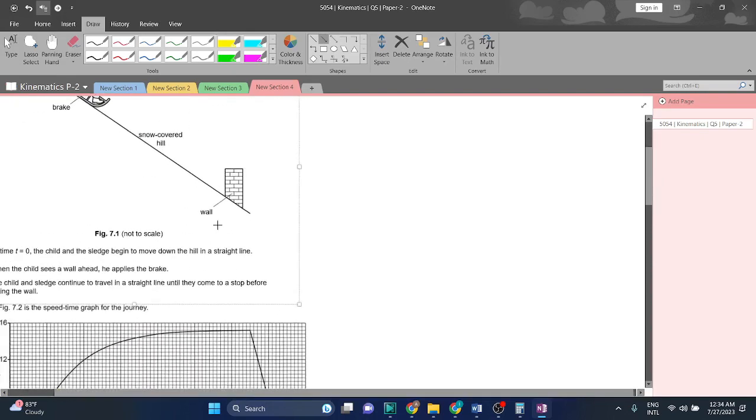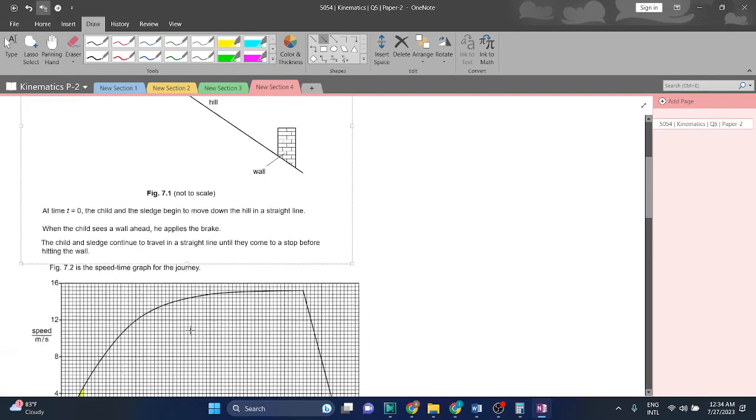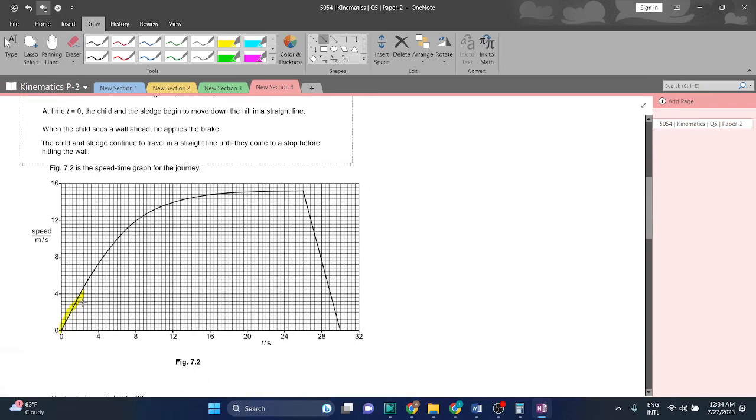That is gonna be the only force which is acting for the first few seconds. That's why the velocity is constantly increasing. But after a certain time, the velocity starts to increase but at a lower pace. That means the acceleration is decreasing.